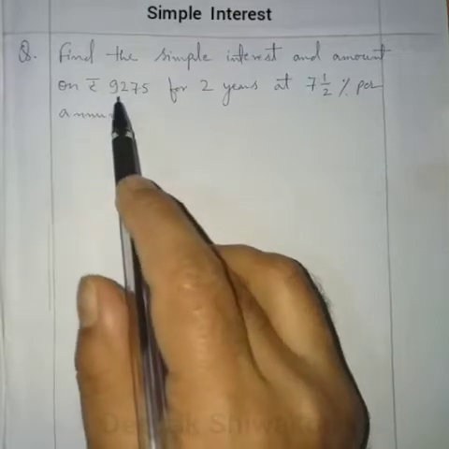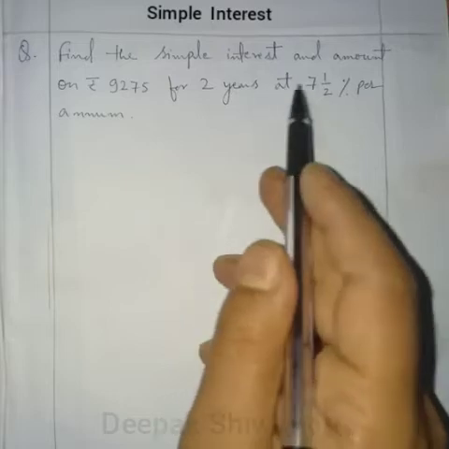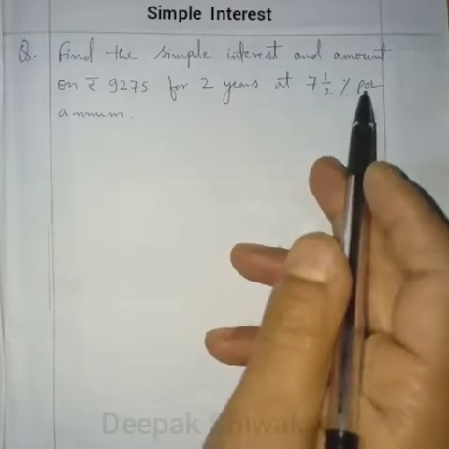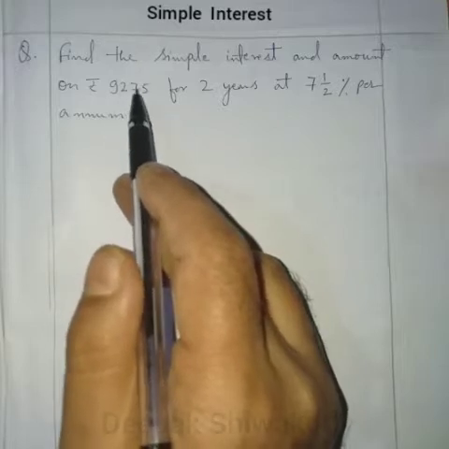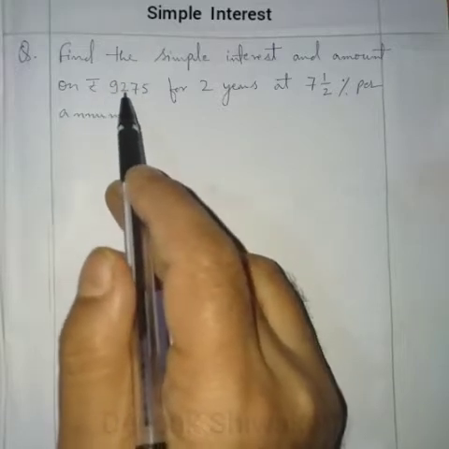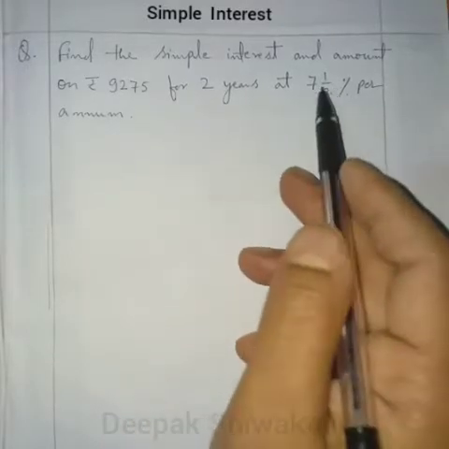On rupees 9,275 for 2 years at 7 whole 1 by 2% per annum. From the question we have to identify which one is given as principal, which as time, and which as rate.